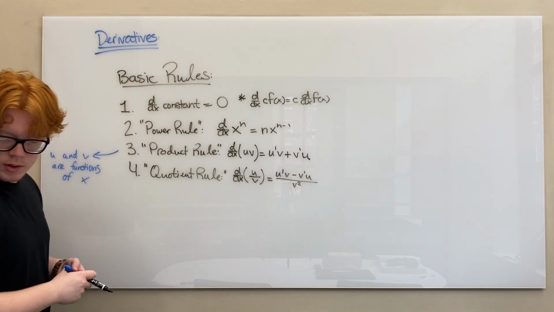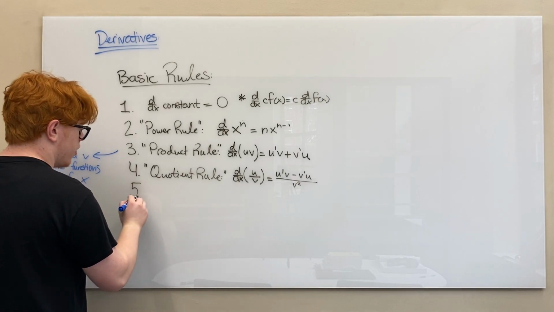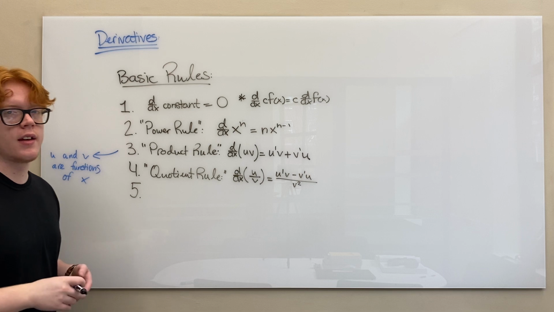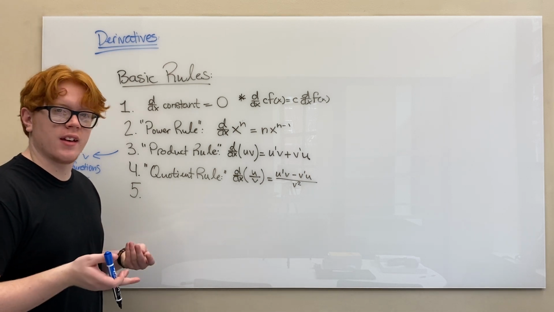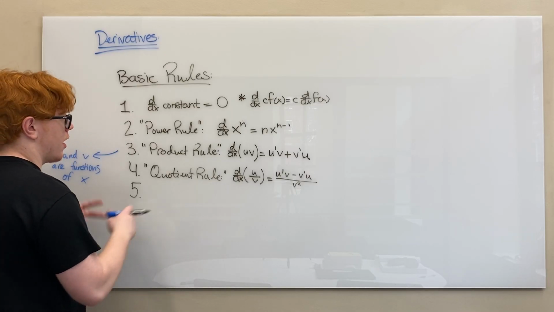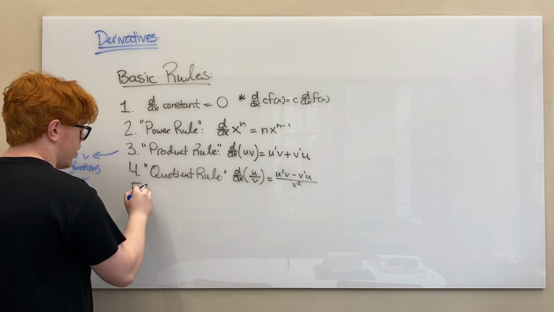So that's the quotient rule. What else we got? The chain rule. This is a huge one, and this is where derivatives get, on one hand, really fun, but also tricky. And you can have long chained out derivatives. So this is the chain rule.